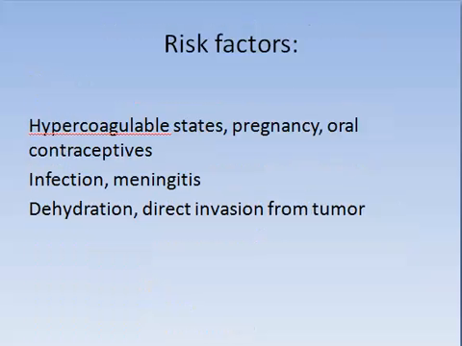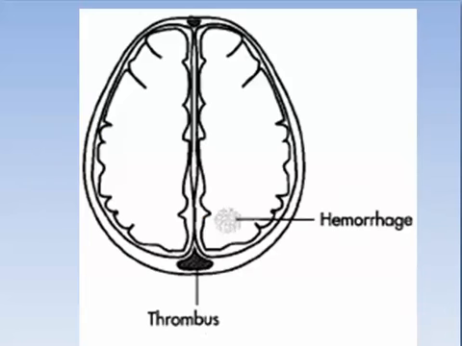As we said, risk factors include pregnancy, hypercoagulable states, infections, dehydration, and invasion of tumors. Usually in sinus thrombosis there is hemorrhage or a hemorrhagic infarct, besides the signs of thrombosis itself.